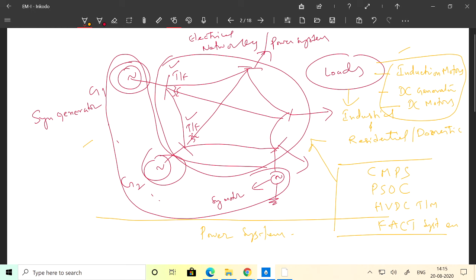Okay, and in addition to that, you will also study the power electronics, and this power electronics is also a very important area, which will actually link so many devices and elements to the power system. Okay, so power electronics I think you will be studying in next semester. That is also very important.